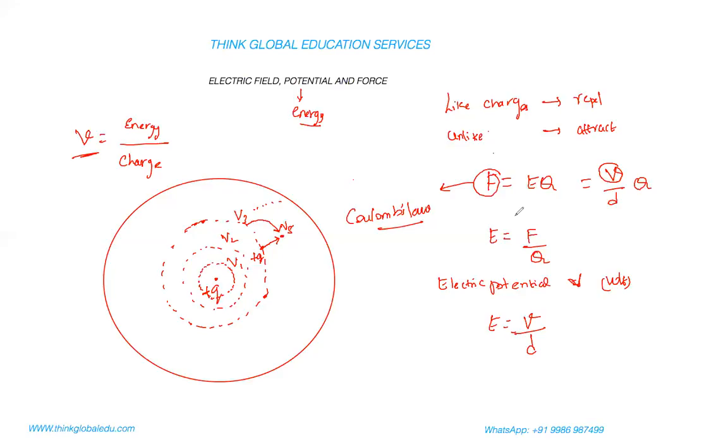The force is the electric force, the potential is electric potential, and the field is the space around the charge in which, if we introduce another charge, it will feel a force due to the first charge. The field is due to plus Q, Q1, and the second plus Q, Q2, experiences a repulsive force due to the field of Q1.